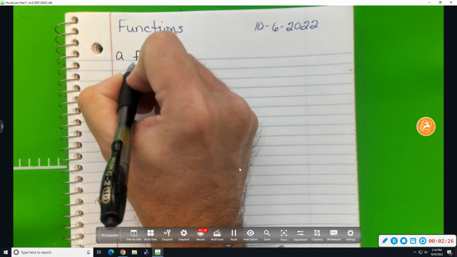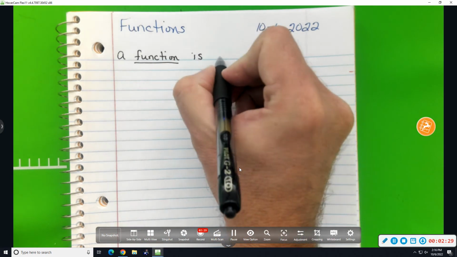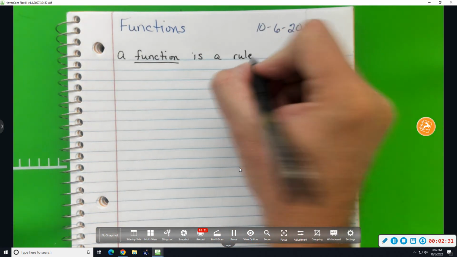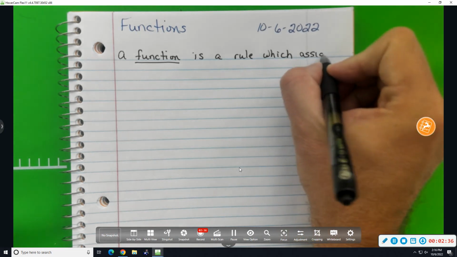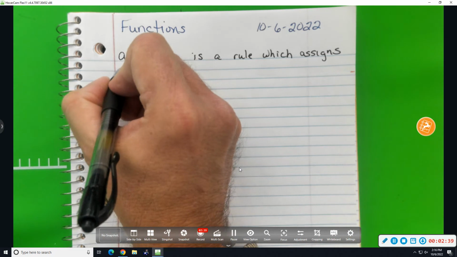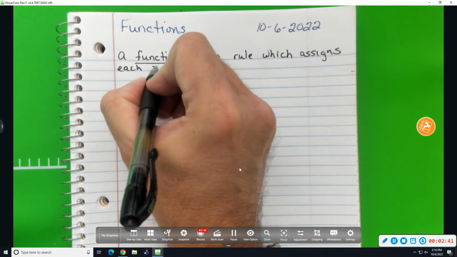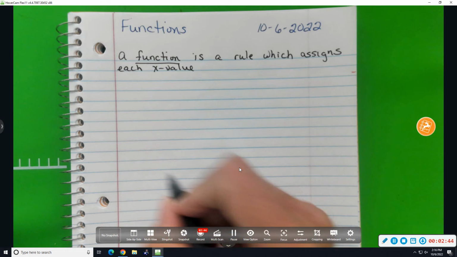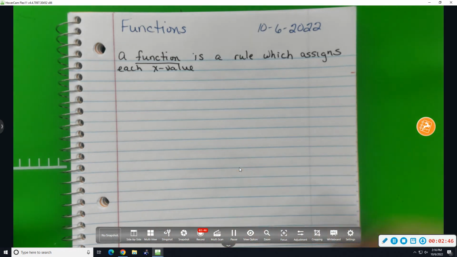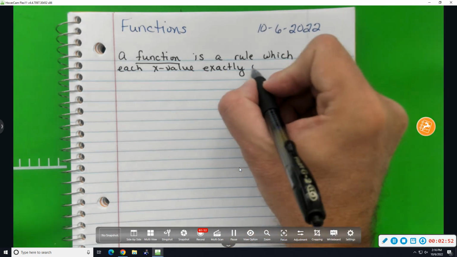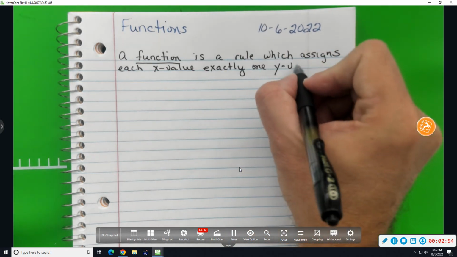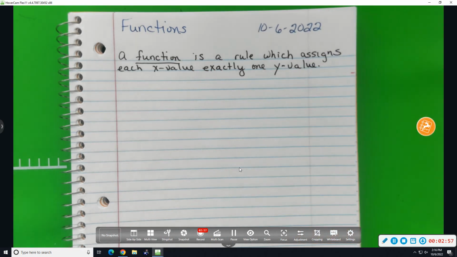A function is a rule which assigns each x value exactly 1 y value, not 2 or 3 y values.